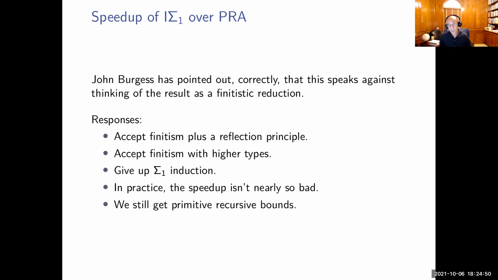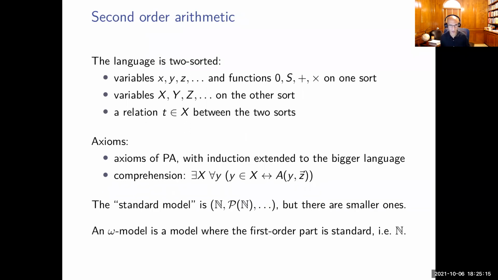It does give you a recipe for the translation, and in practice, when you actually apply it to particular results, the speed up might not be nearly that bad. But even setting the finitistic reduction aside, it does tell you that any for-all-exists statement you can prove in I-sigma-1 comes with primitive recursive bounds, and that's an independently interesting property.